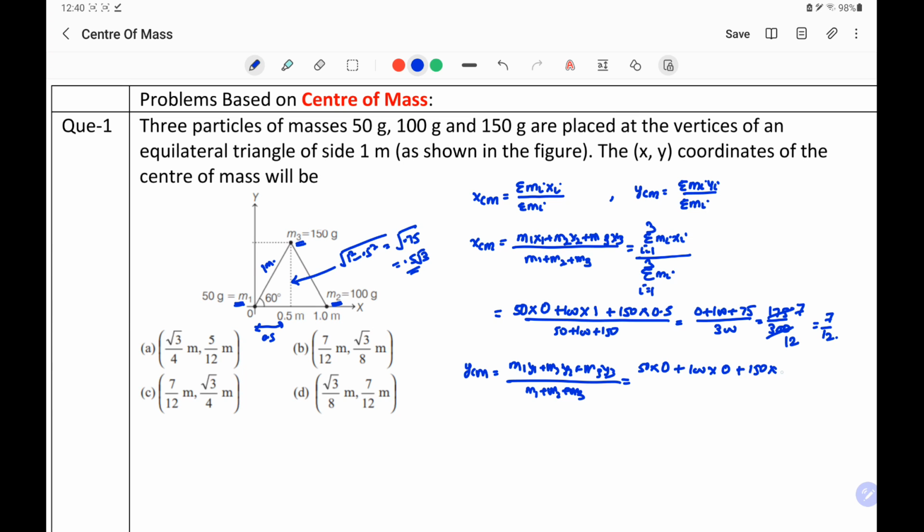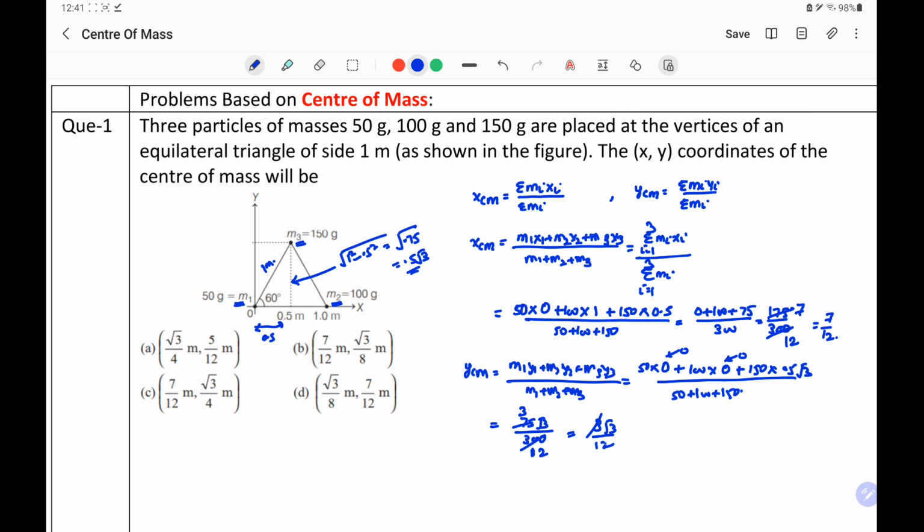So we substitute the value here, 0.5 root 3 divided by 50 plus 100 plus 150. The first term is 0, the second term is 0, therefore we will have 75 root 3 by 300, dividing by 25, it will be 3 here and 12.